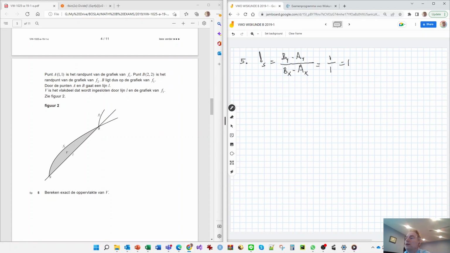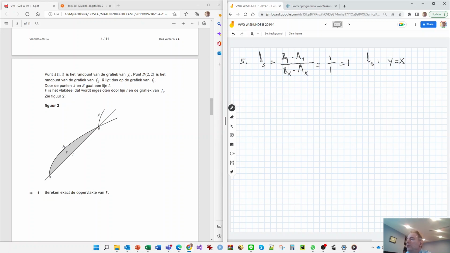And it has to go through A, which is (1, 1), so actually the intercept is 0, so the expression of the line L is given by y equals x.